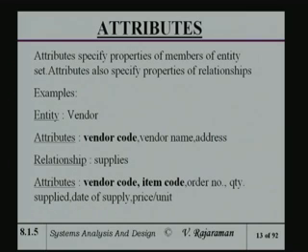The entity has attributes, namely vendor code, vendor name, and address. These are the three important attributes of a vendor, and his name and address.